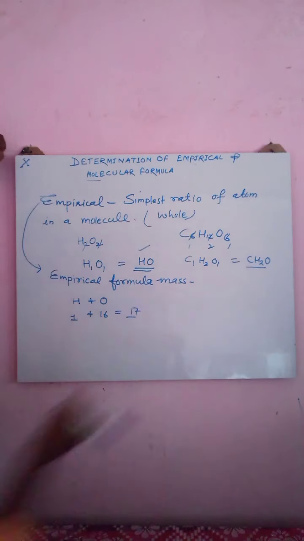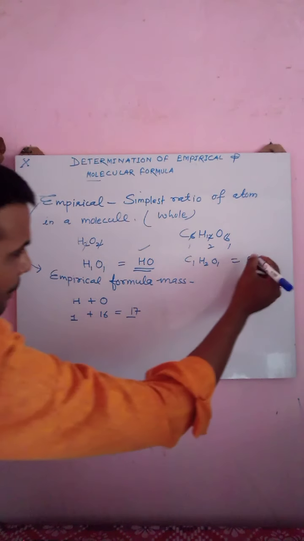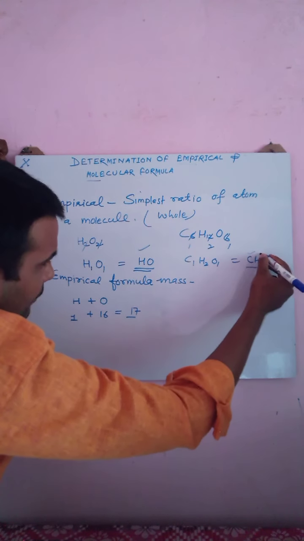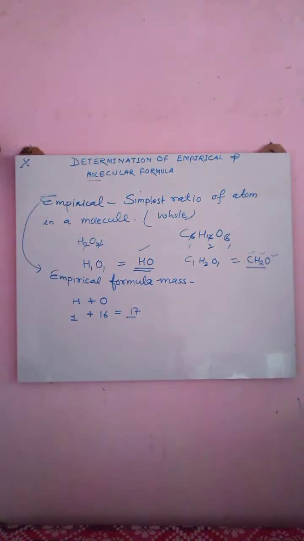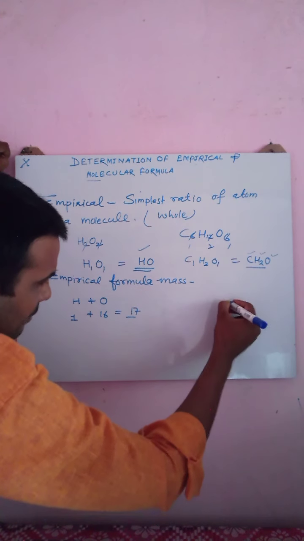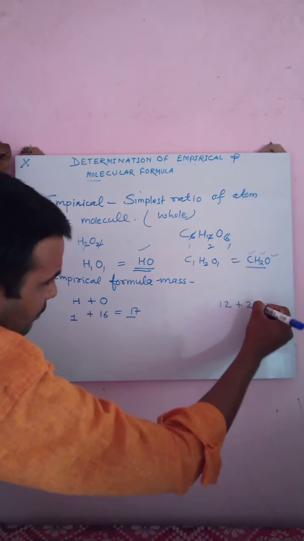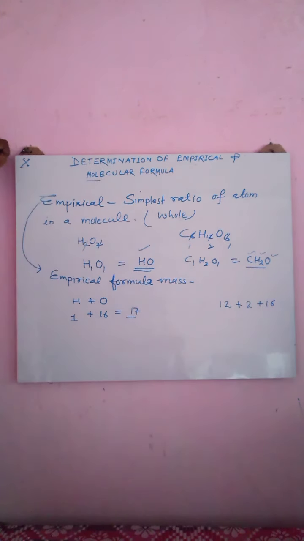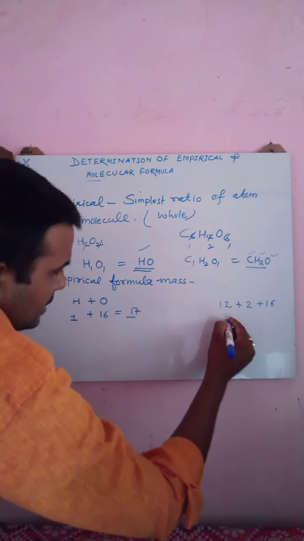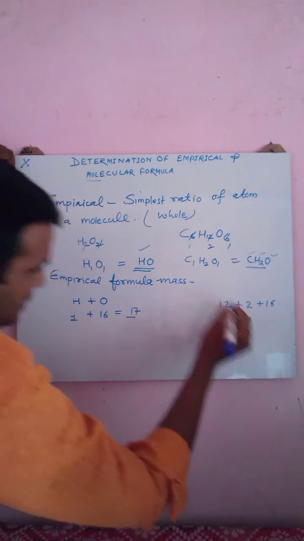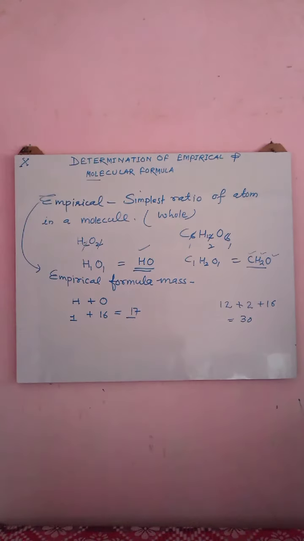Similarly, for the empirical formula of glucose, mass of carbon plus mass of hydrogen plus mass of oxygen. Mass of carbon is 12 plus mass of 2 atoms of hydrogen is 2 plus mass of oxygen 16, so 12 plus 2 plus 16 is equal to 30, the empirical formula mass of CH2O. Right? I hope you people understood what is empirical formula and what is empirical formula mass.